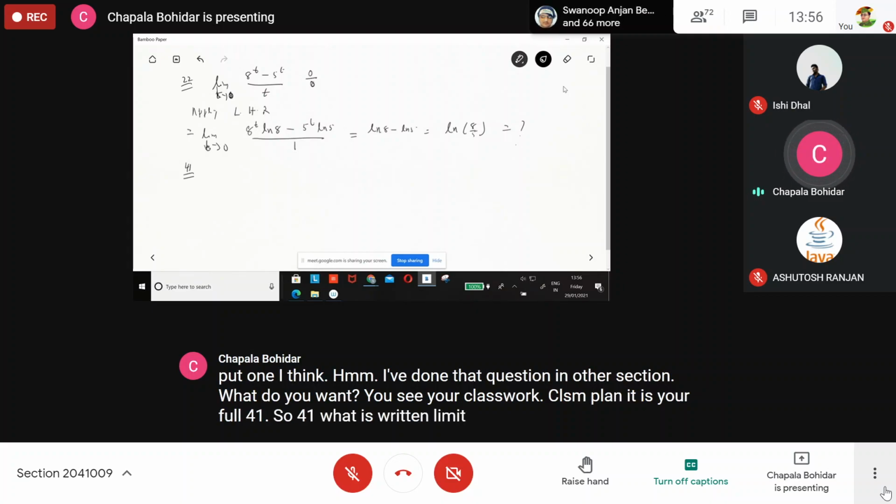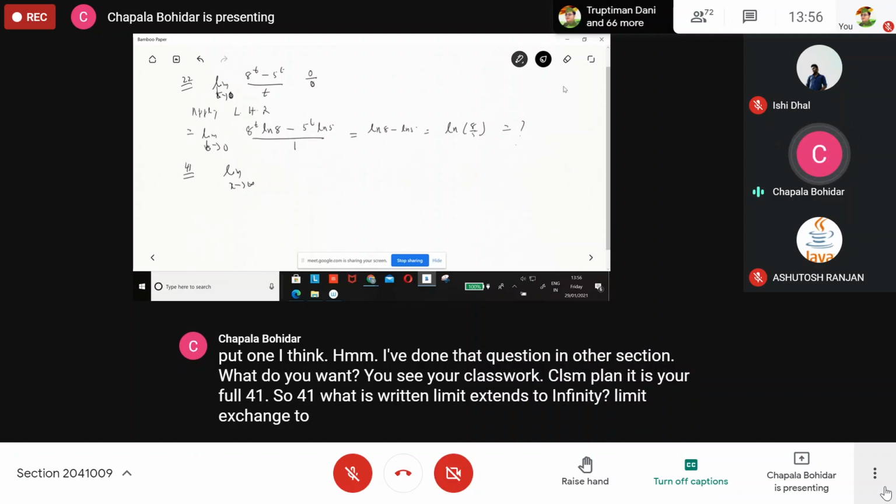So 41, what is written? Limit x tends to infinity of x sine pi by x.